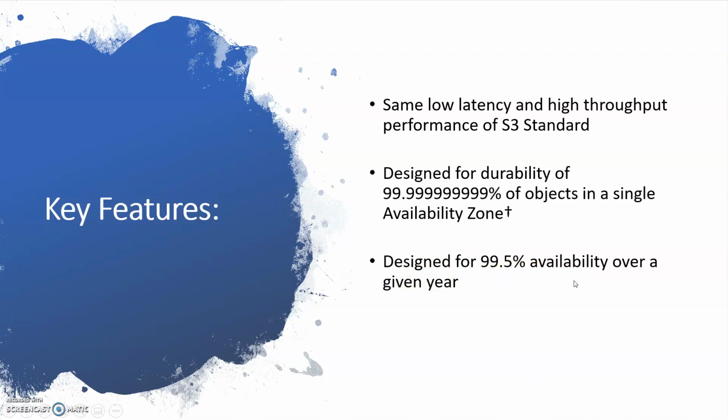In Standard, availability is 99.99%, while in S3 Intelligent-Tiering and S3 Standard-IA it is designed for 99.9%. It is reduced further in S3 One Zone to 99.5%.